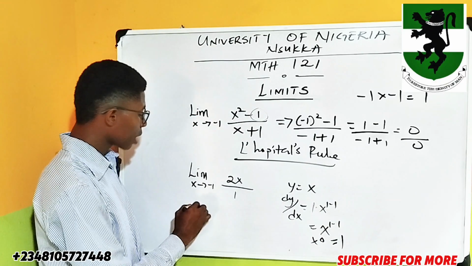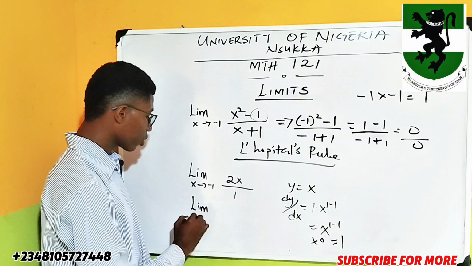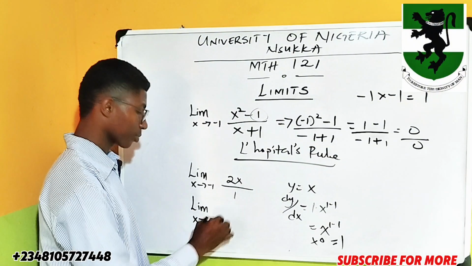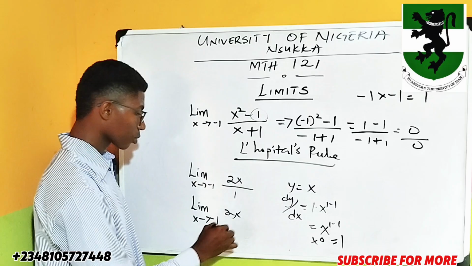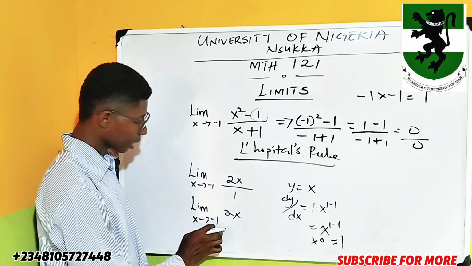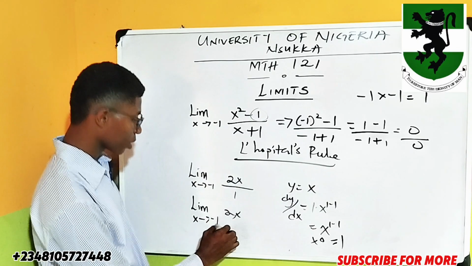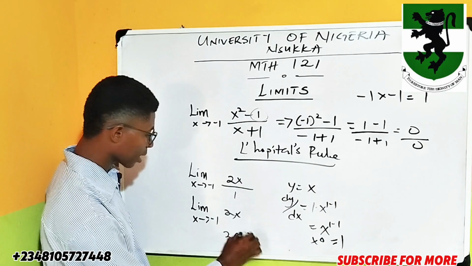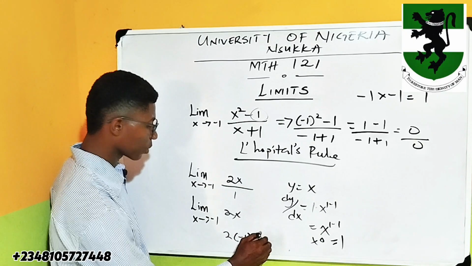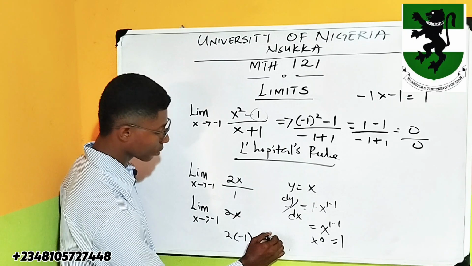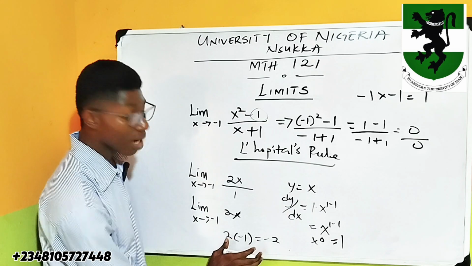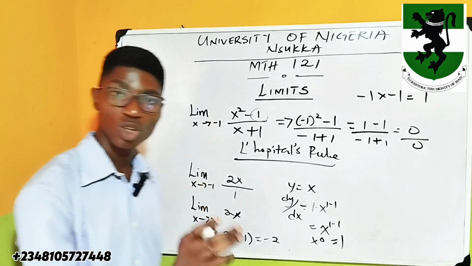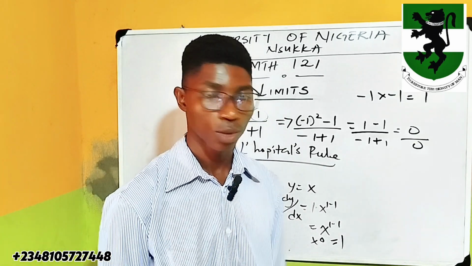Now, we're going to solve this by the method of direct substitution. Put minus 1 into this expression. I'm going to have 2 times minus 1, and 2 times minus 1 is minus 2. This is our answer by the method of L'Hopital's rule.